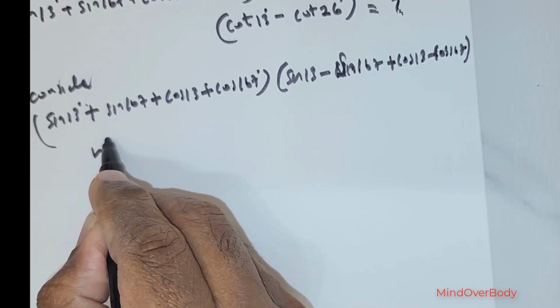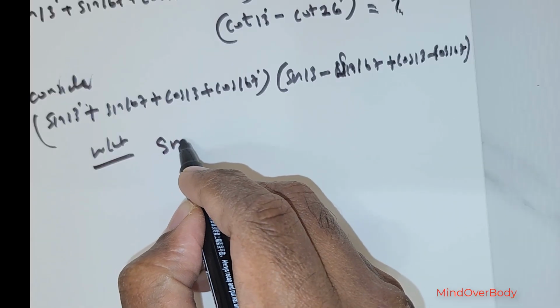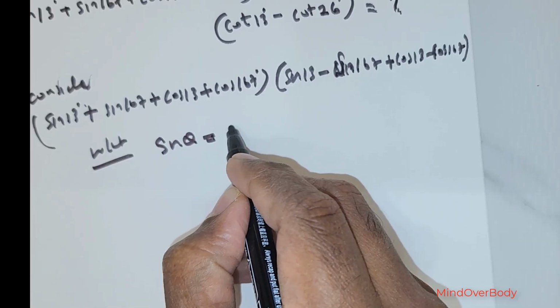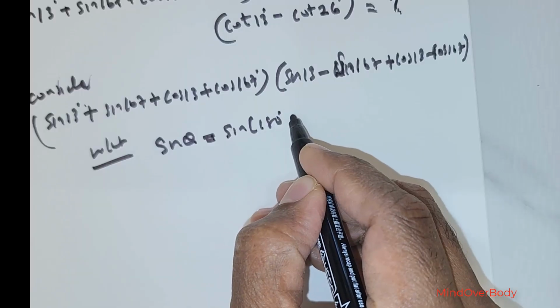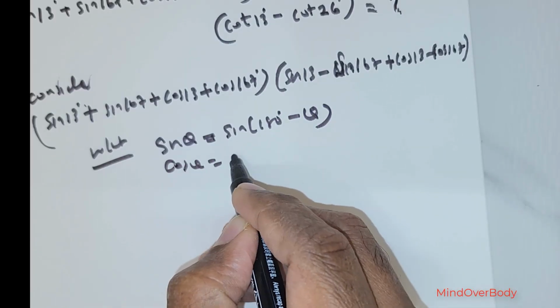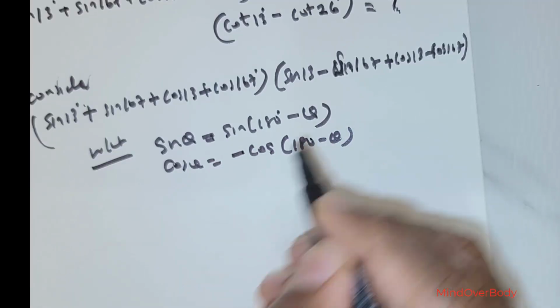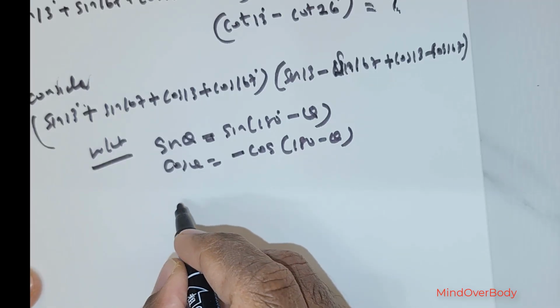Okay, now we know this relationship, which is sin θ is equal to sin of (180 − θ), and cos θ is equal to negative cos of (180 − θ).